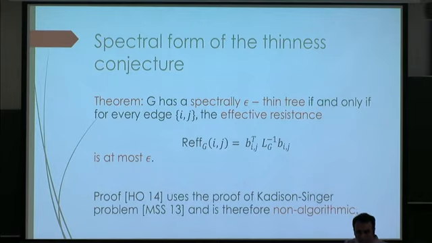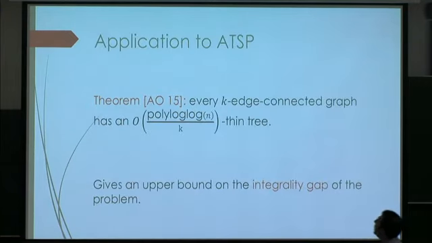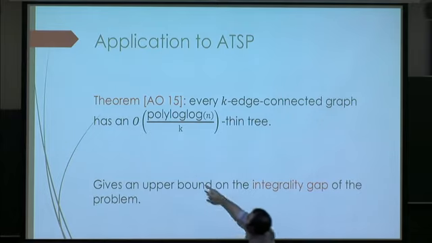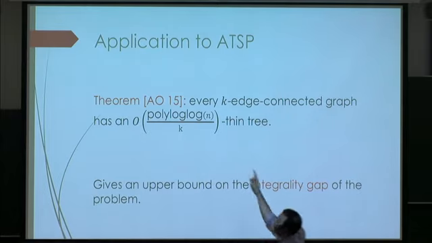But using this theorem and this proof, there is a more recent, beautiful result of Anari and Oveis Gharan. They showed that every k-edge connected graph has an O of poly log n over K thin tree.